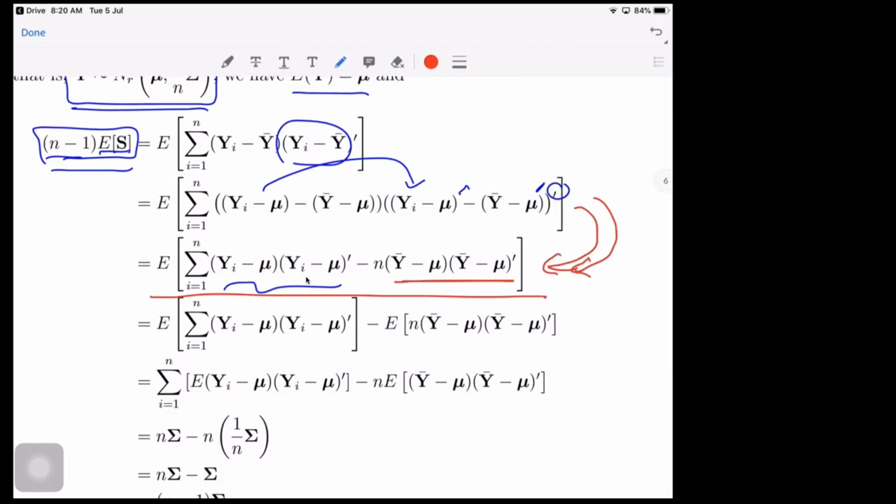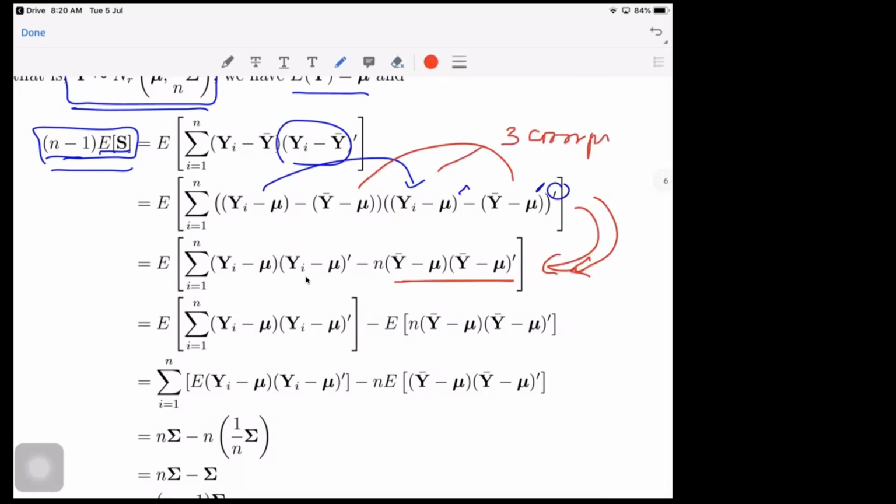So after distributing, this one with that, this one with this, and this one with that, and applying the summation for each of the terms there, what will remain is the first term, which is this one. And after simplifying the three terms, there are three cross products.